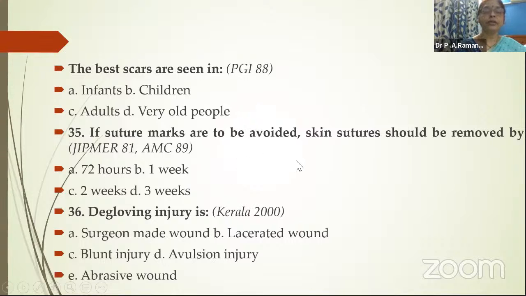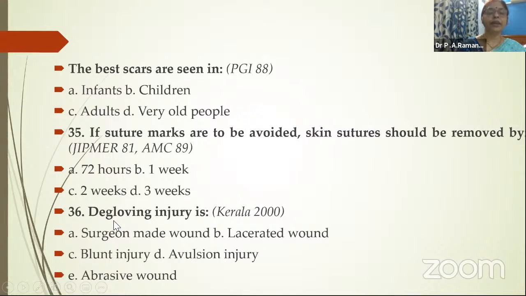Suppose you are doing ear lobule suturing, where you don't want any suture marks, they should be removed early. We know epithelialization occurs within 48 hours in primary intention. So by 72 hours you can remove them if you don't want the sutures to leave marks on the skin.